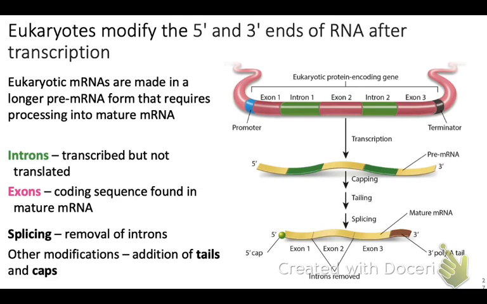In eukaryotes, they have to prepare their mRNAs for export from the nucleus. So usually when eukaryotic mRNAs are made, they are made in a long structure that's known as a pre-mRNA that has to be processed to make a mature mRNA.